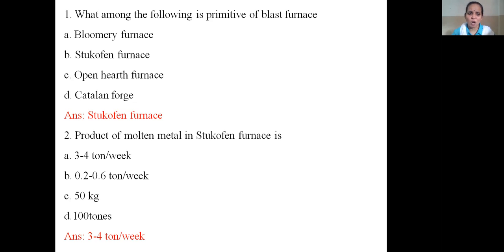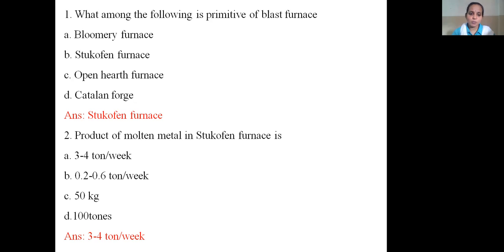It was a small bowl. Catalan Forge is an improved technology of that one. So the molten pig iron was produced successfully by Stokofen furnace operation.